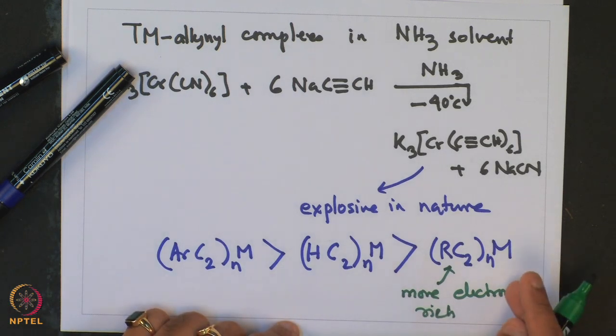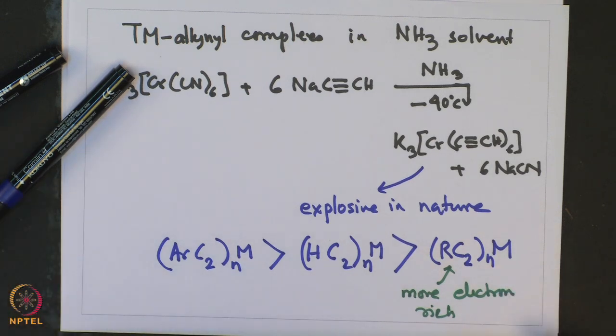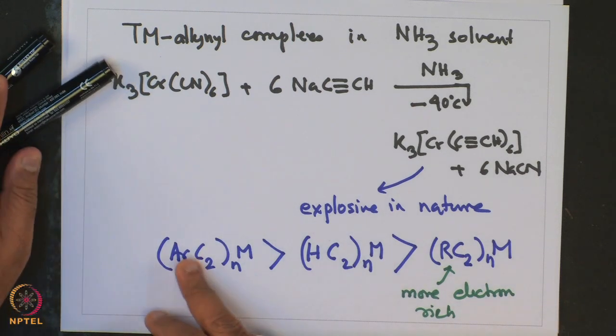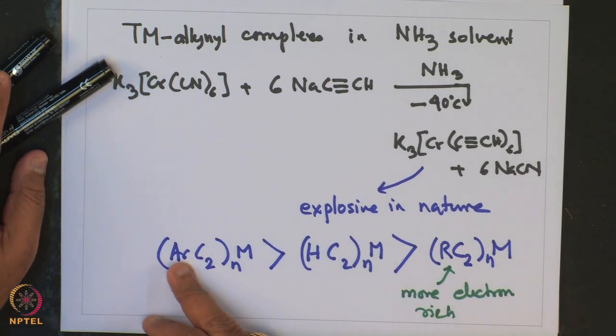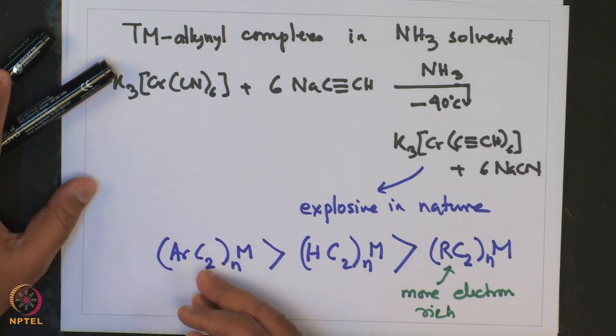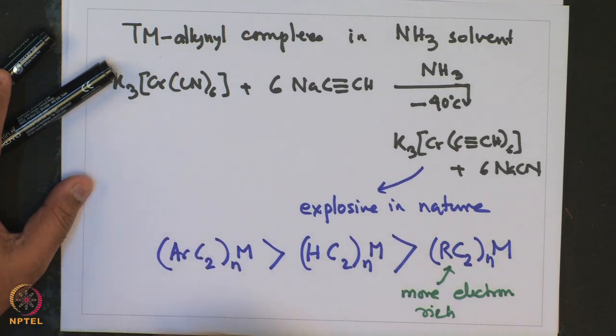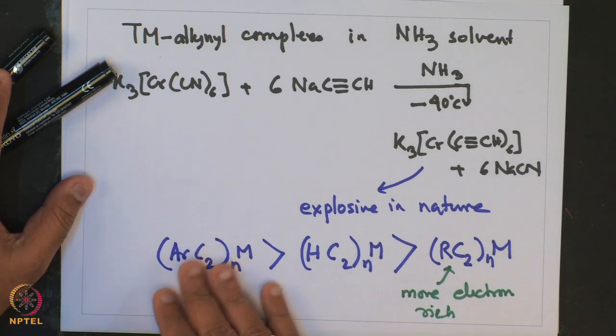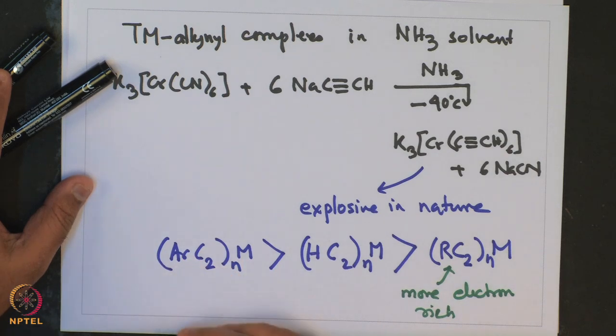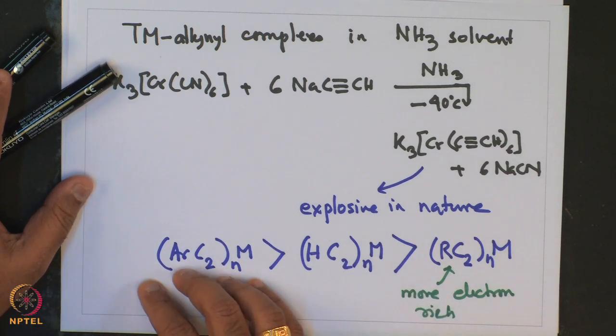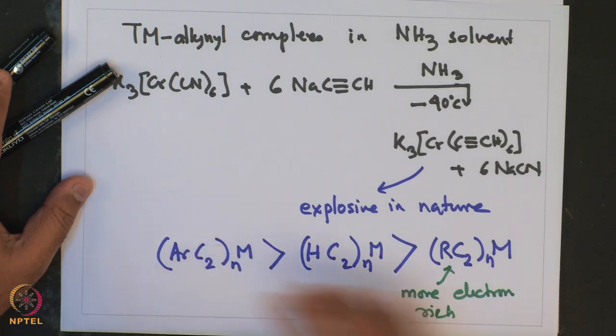As a result, these compounds are more reactive and less stable, whereas the aryl groups, being sp2 hybridized, can siphon off some of the electron density from the acetylide moiety onto the aryl ring, and therefore these compounds are relatively less electron rich and hence more stable.